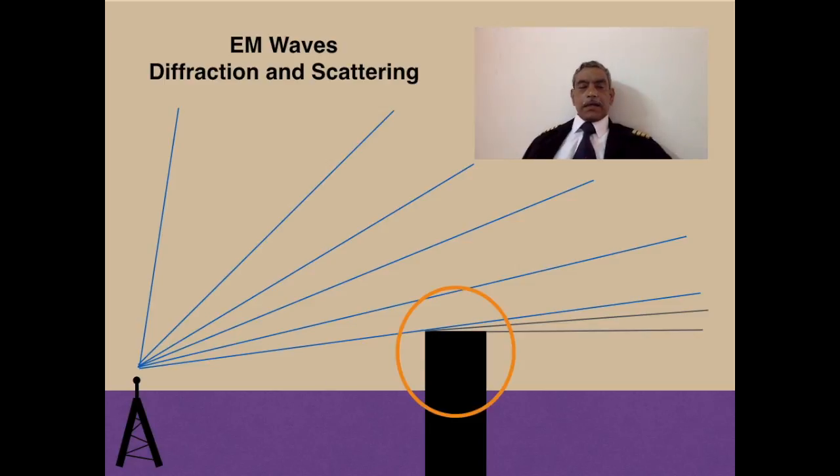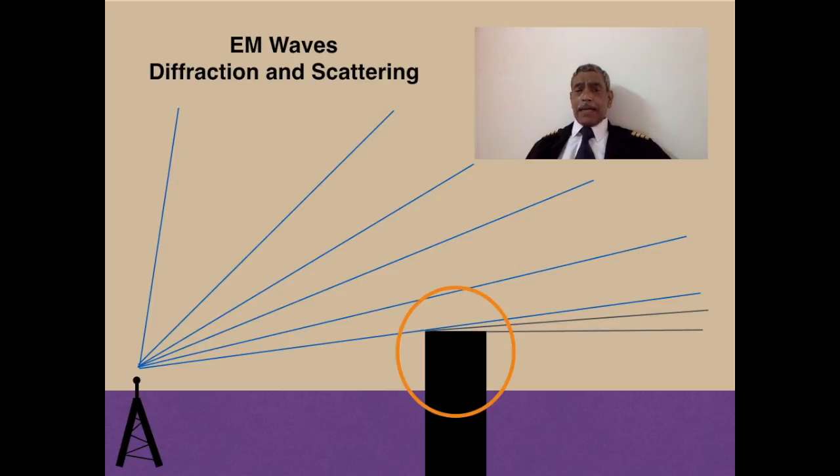We learned that EM waves travel in a straight line, and we try to learn that it is not necessary. There could be deviations from that rule, which we are going to see. There are two basic properties by which it will change its direction, that is diffraction and scattering. These are the two properties which we are going to learn.